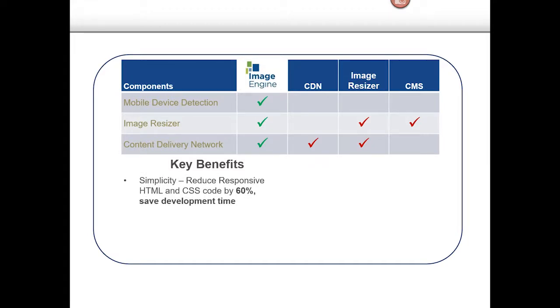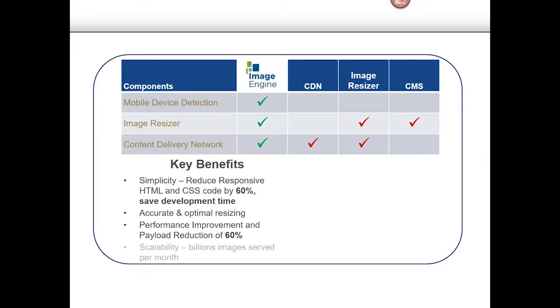And then finally, there's a content delivery network associated with this, so that you can cache the image, and on subsequent requests for a device of the same kind, we don't have to re-render or resize the image. It's already there waiting to be delivered very quickly to the device.